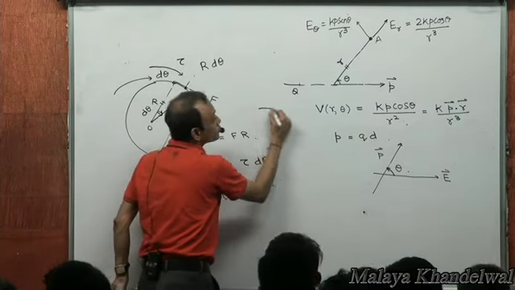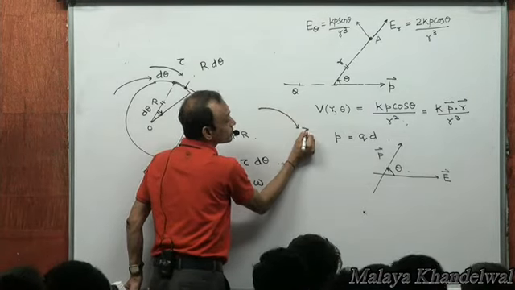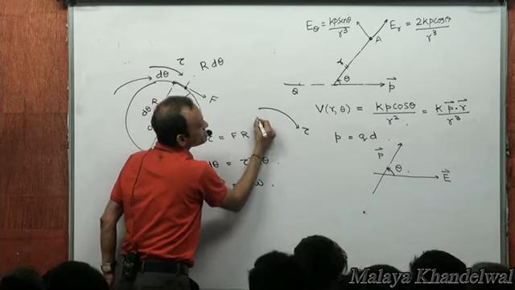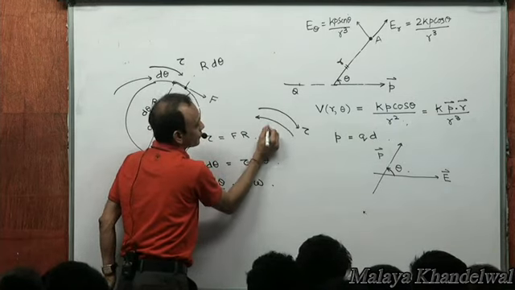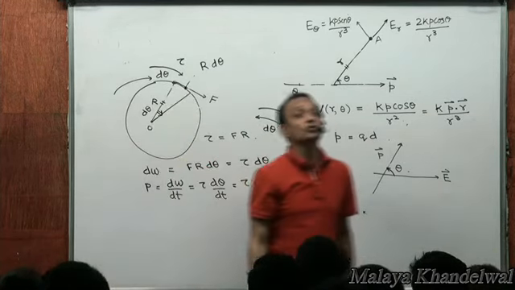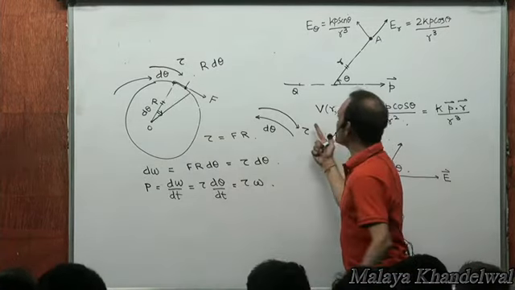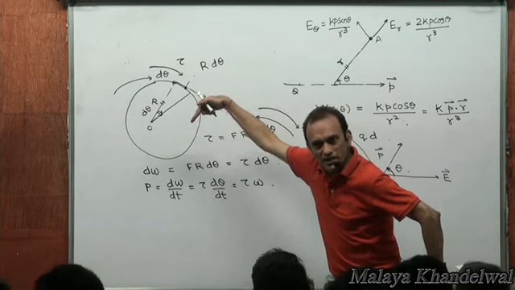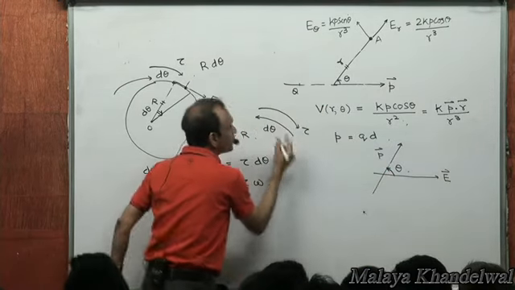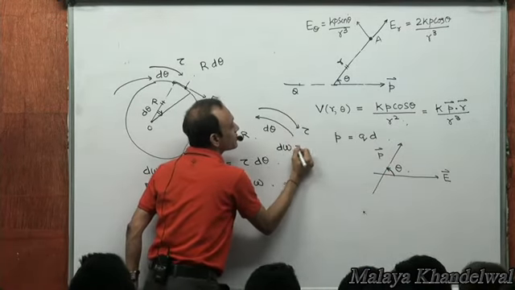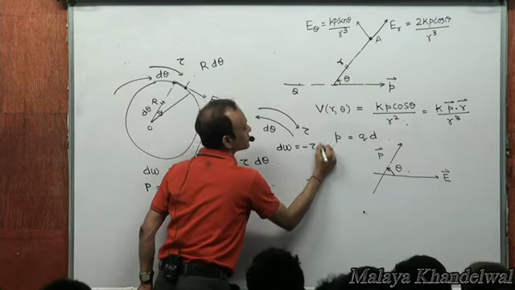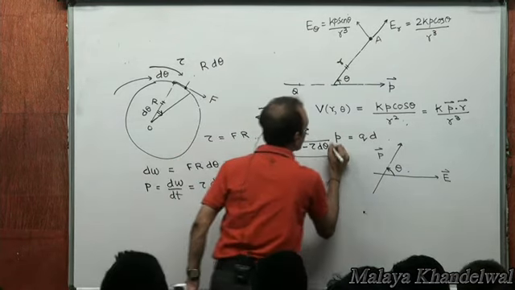However, if the torque is like this and d theta is oppositely directed, then the work done by this torque would be minus tau d theta. If torque is in one sense but angular displacement is in the opposite sense, then the work done by this torque is going to be minus tau d theta.